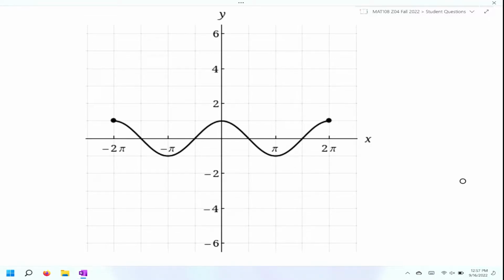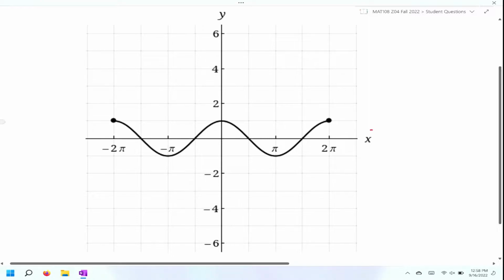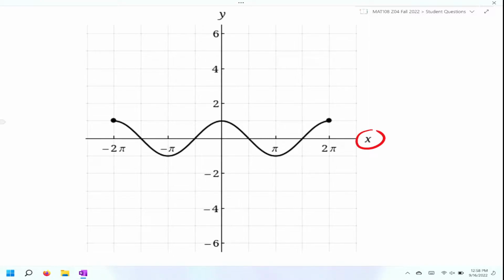First, we know that the horizontal axis is x, and what we noticed here is that this graph, going from left to right, literally stops at negative 2 pi and positive 2 pi. You can't go any further to the left of negative 2 pi, and you can't go any further to the right of positive 2 pi.